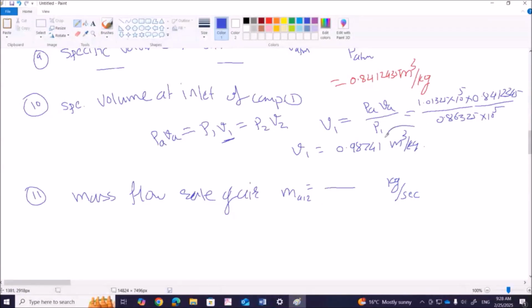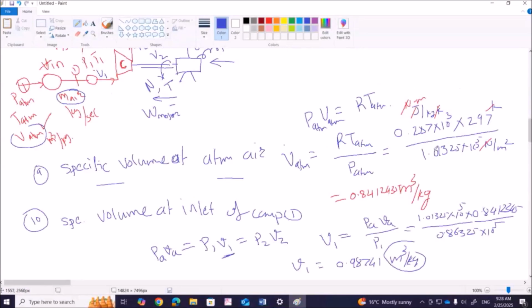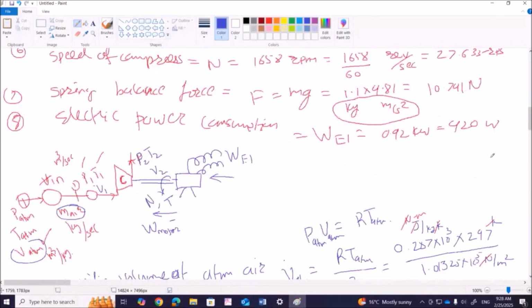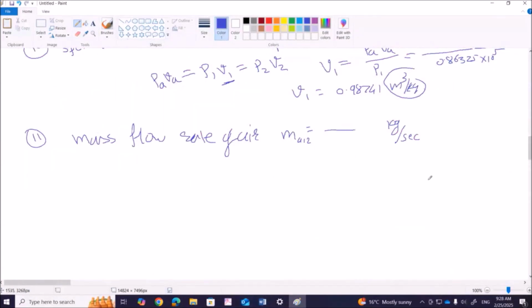I have meter cube per kg, and I have V in meter cube per second. What can I do so that I will get kg per second? Here I know the continuity equation, rho A C. C is called velocity, rho is called density, kg per meter cube.